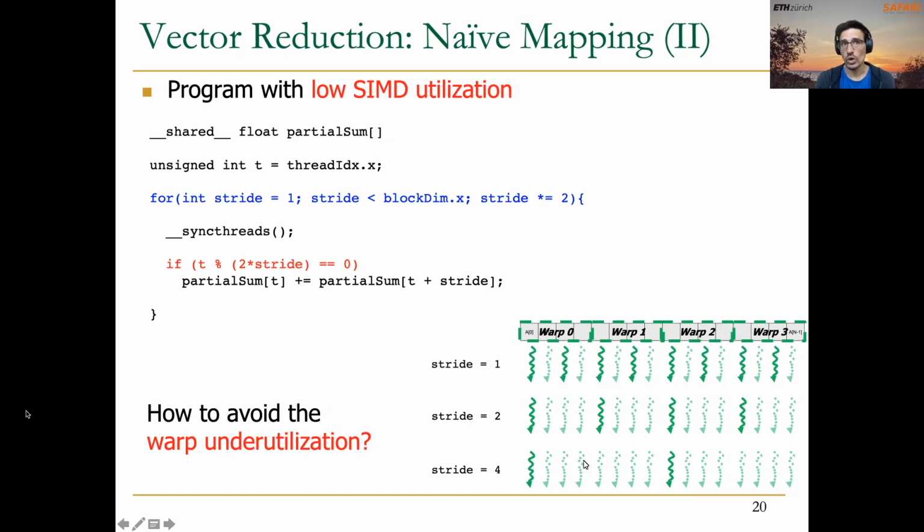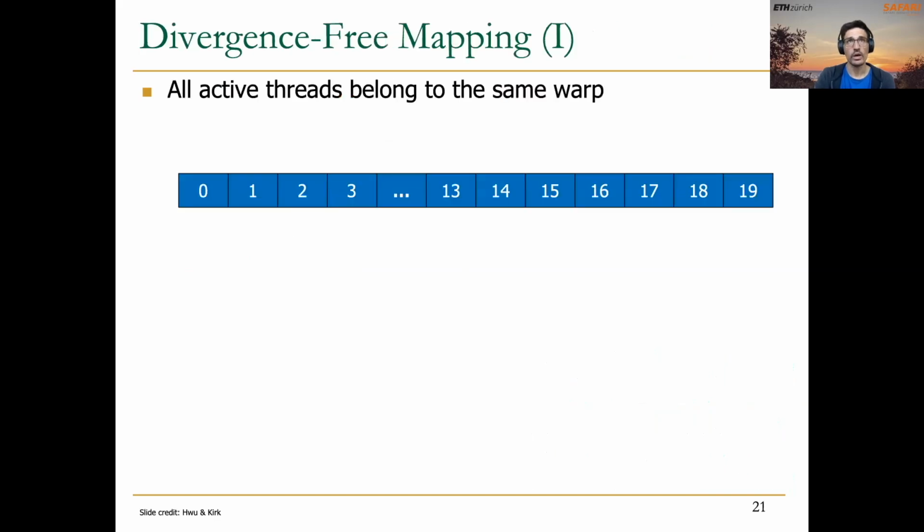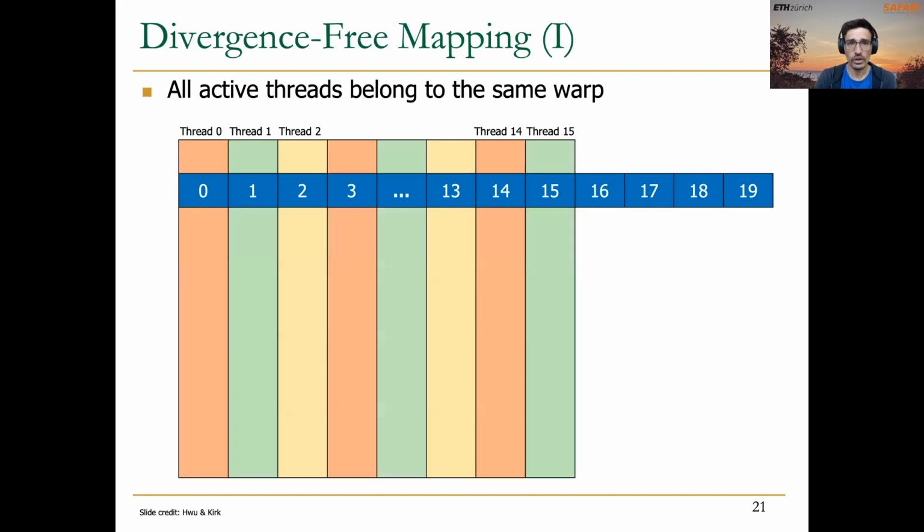So what can we do to avoid this warp underutilization, or at least to minimize it? Well, we can try this divergence-free mapping, where we try to have all active threads belonging to the same warp or to a certain number of warps. So instead of assigning computation to only odd number threads or even number threads, we assign computation to the threads with the lower thread ID.